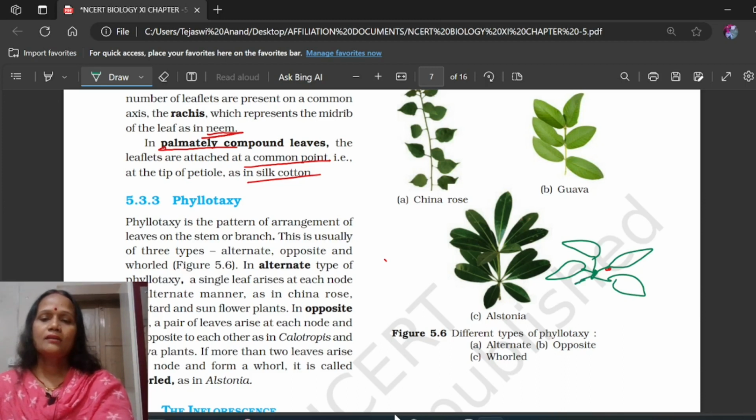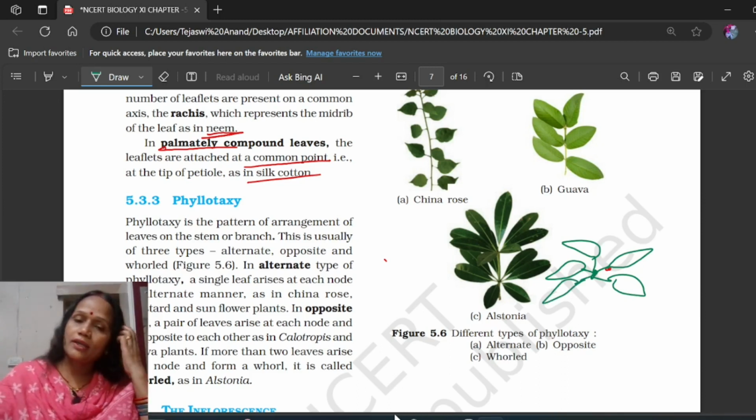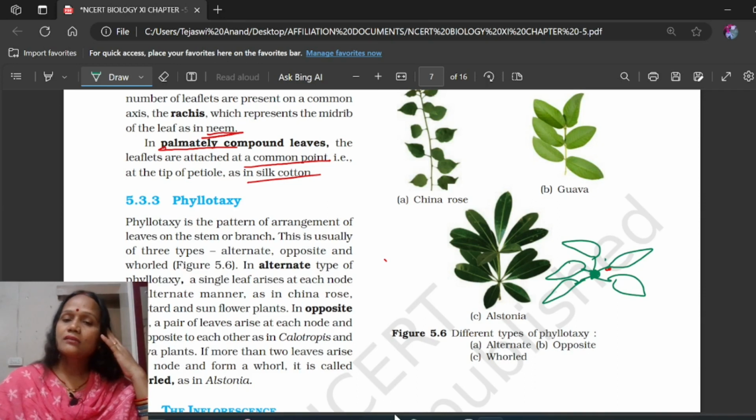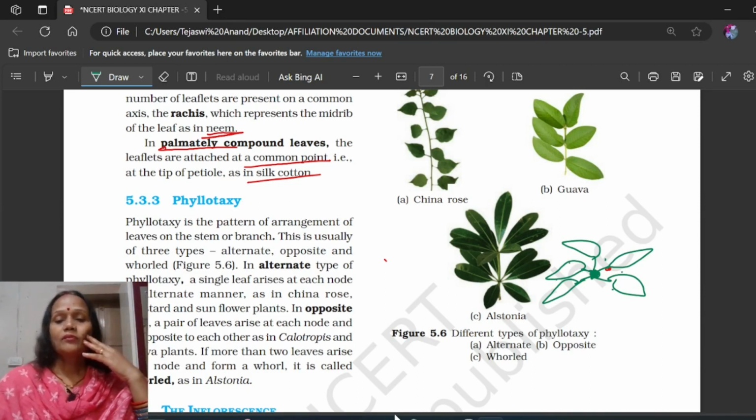The leaves are not arranged on one branch along one axis, but are attached to a point, and such an arrangement is called palmately compound leaves.